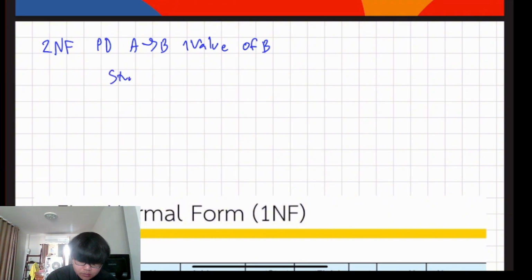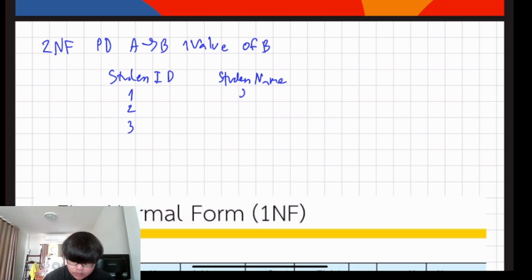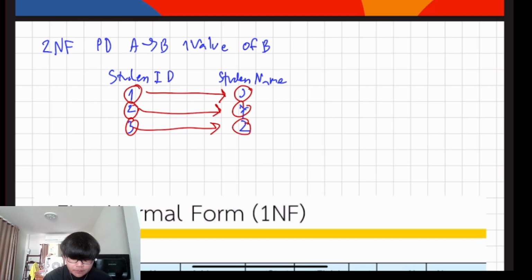So if we have student ID 1, 2, 3 and student name J, Y, C, here one student ID can tell you one student name, and student ID is the primary key.